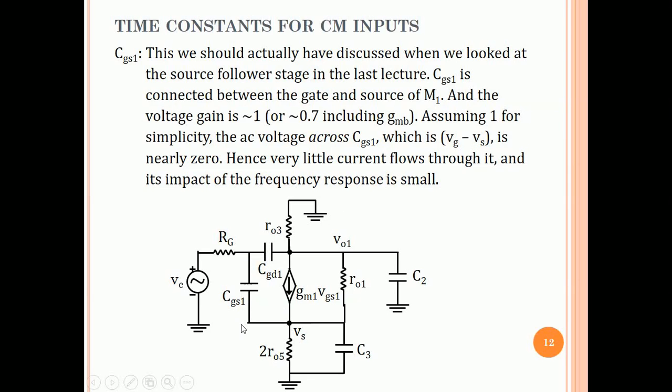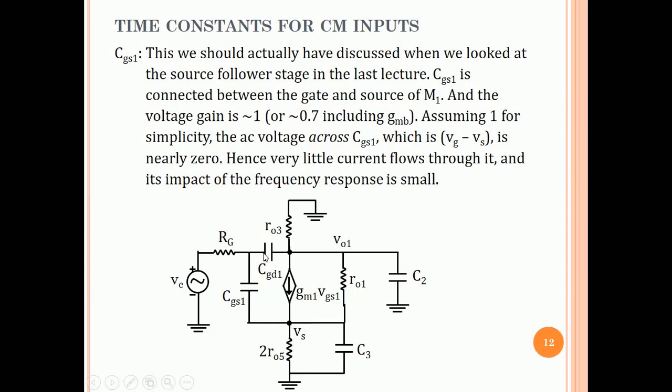Therefore, very little AC current flows through CGS1, and therefore it has very little impact on the frequency response of this circuit. So we'll just ignore it. Qualitatively, again, quantitatively we actually did this in the last lecture for the source follower configuration, which is more accurate, but right now we'll not do a more accurate discussion.